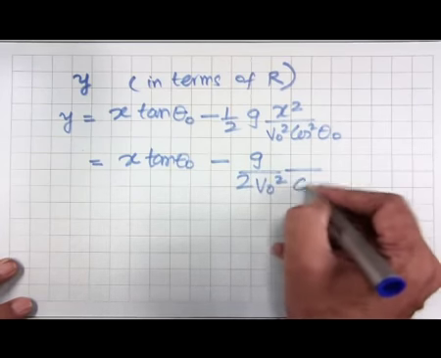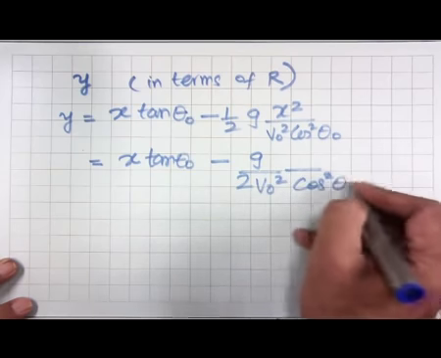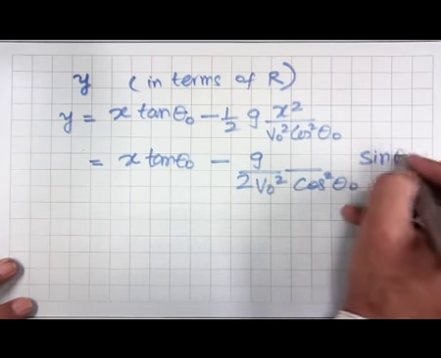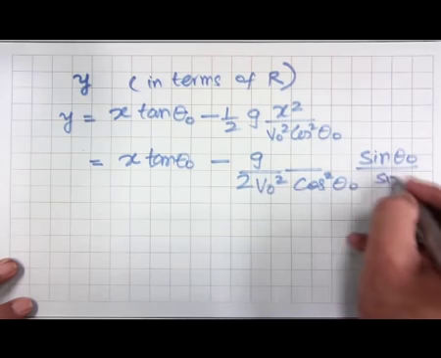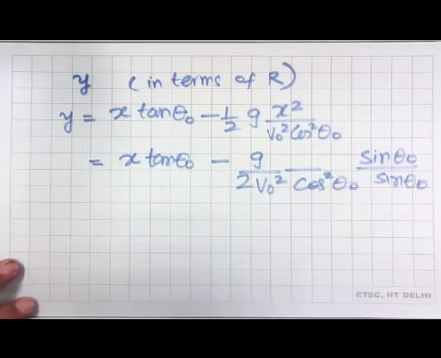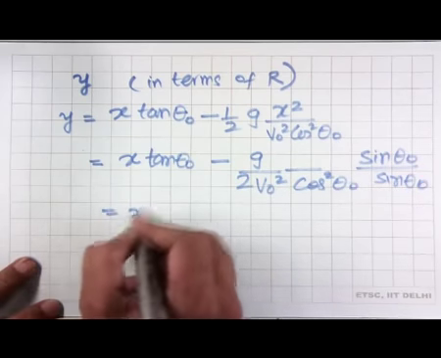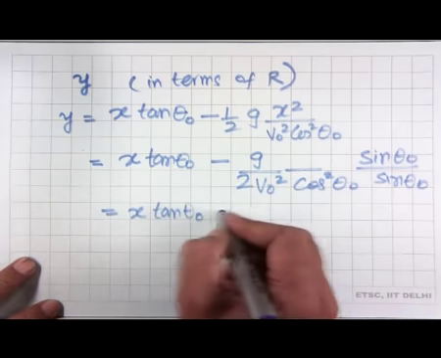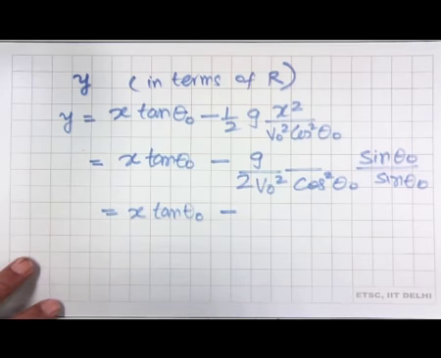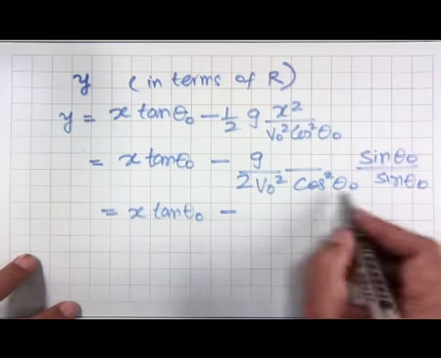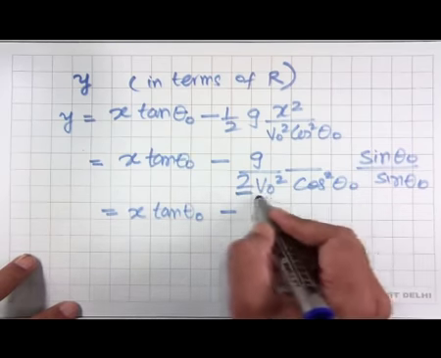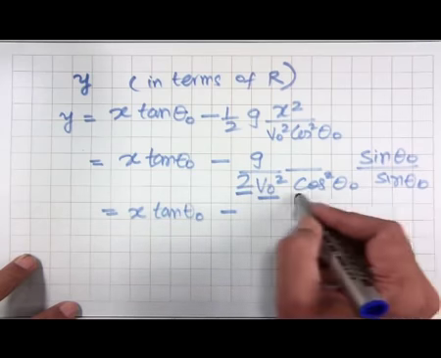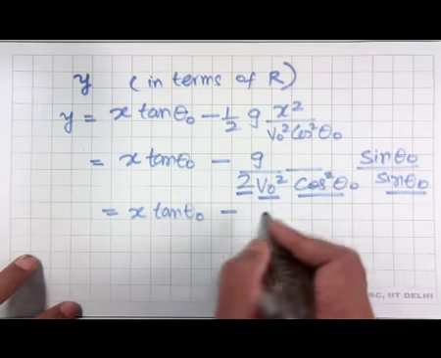Now we have cos square theta 0, so we multiply by sin theta 0 and divide by sin theta 0. So this will become equal to x times tangent theta 0 minus, then we will have, if we look at it, a 2 v 0 square cos theta 0 sin theta 0, that is equal to range.